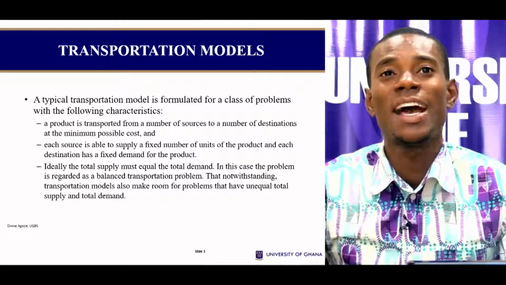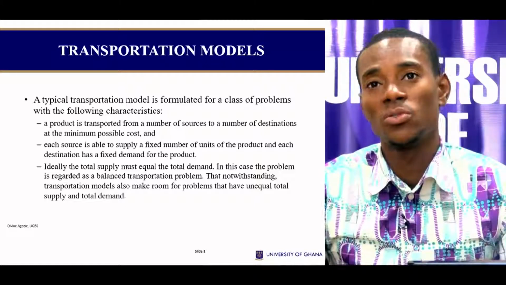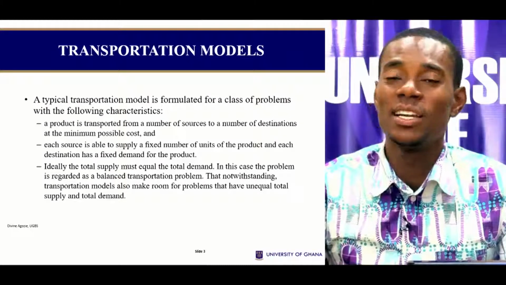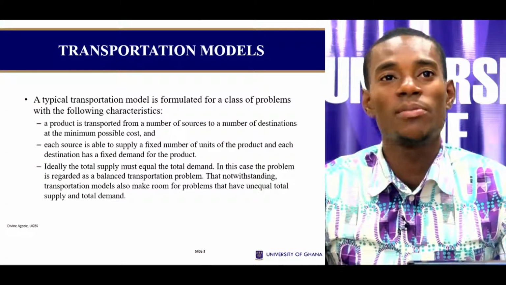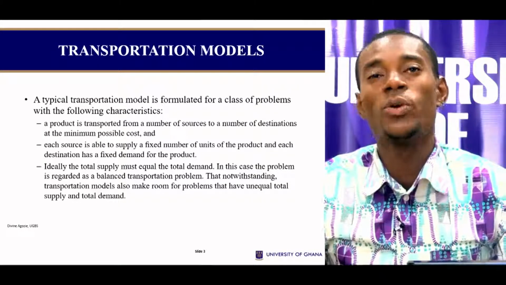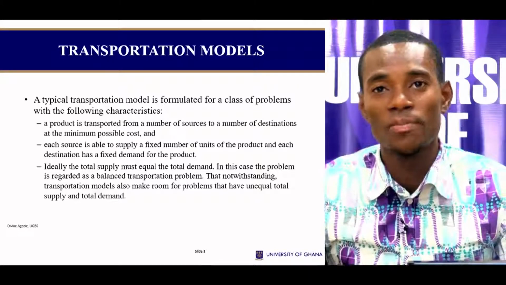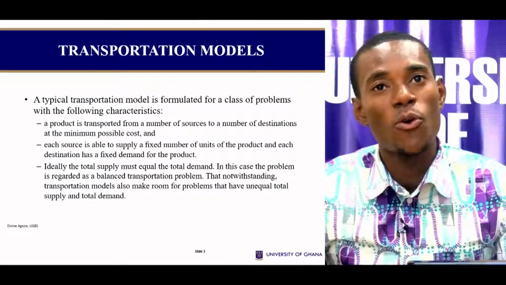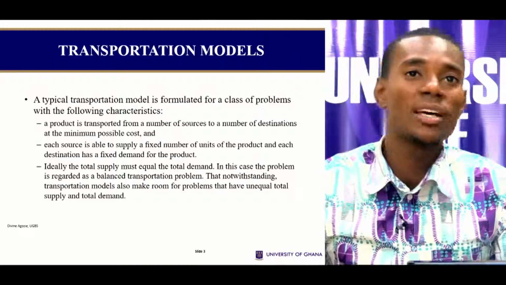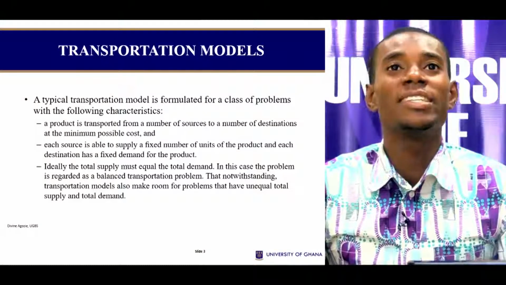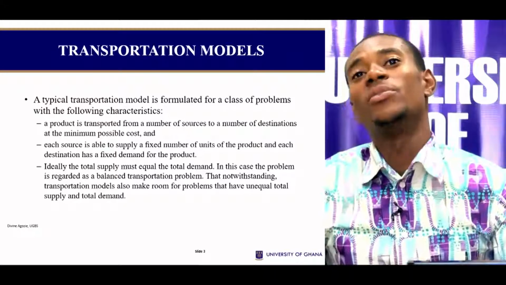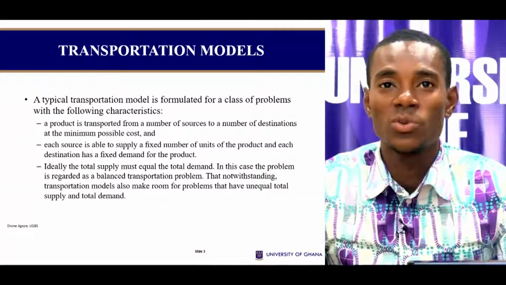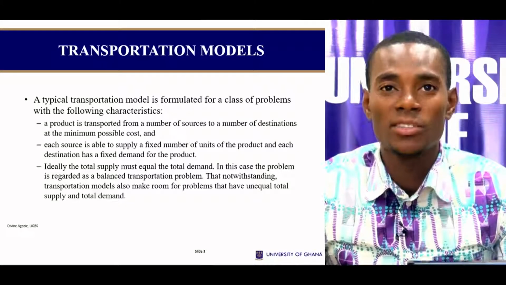So we want to ensure that ideally the total supply must be equal to the total demand. Whatever you are supplying at the end of the day should be equal to whatever is being demanded in total. In this case, the problem is regarded as a balanced transportation problem. Whenever we put together the demand of all the centers and the supply of all the warehouses, and the sums are the same, say you have 2,000 units to supply and the demand required is also 2,000 units, that type of transportation problem is referred to as a balanced transportation problem.